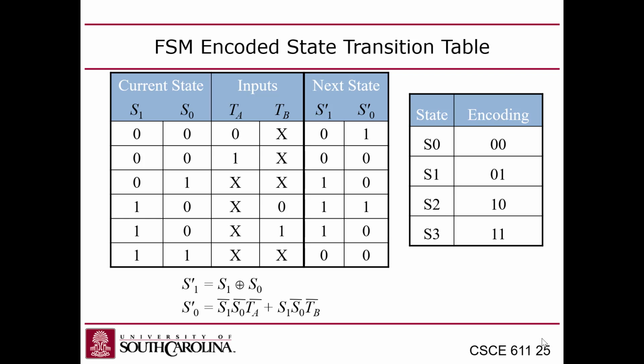So this first min term is not S1, not S0, not TA, which is these three guys are all 0, and then this row has a 1 as well, and that's S1 and not S0 and not TB, right? So in that case, I guess there's no opportunities there to minimize that.